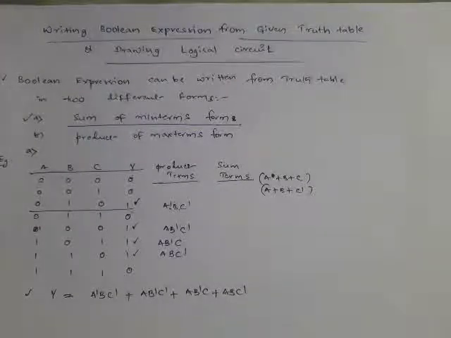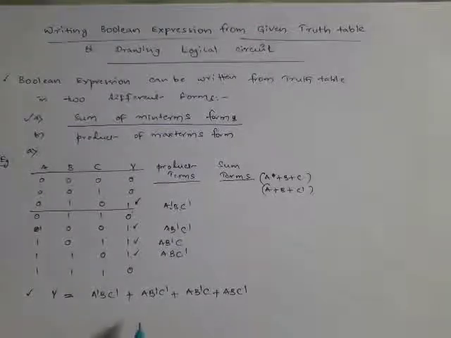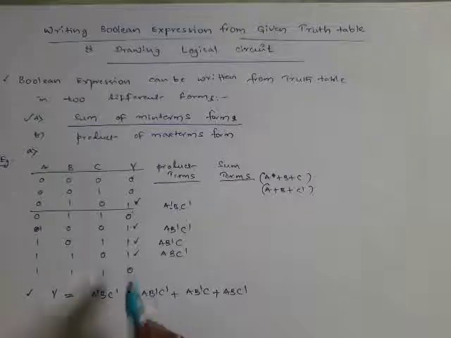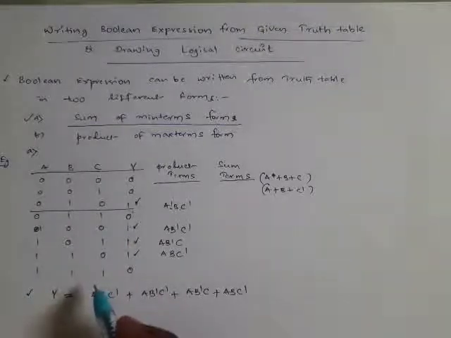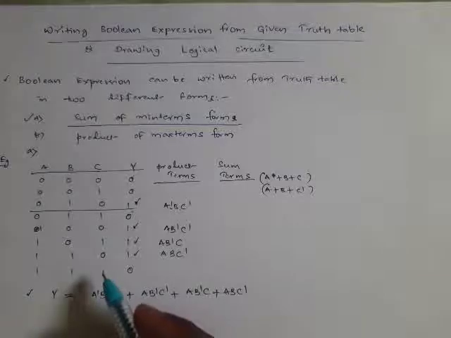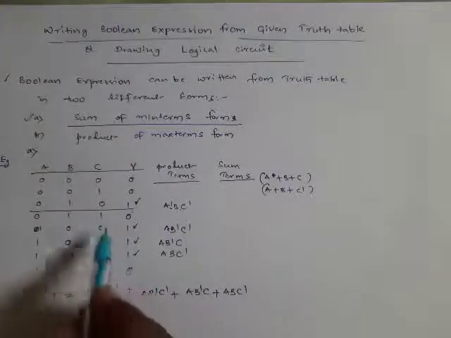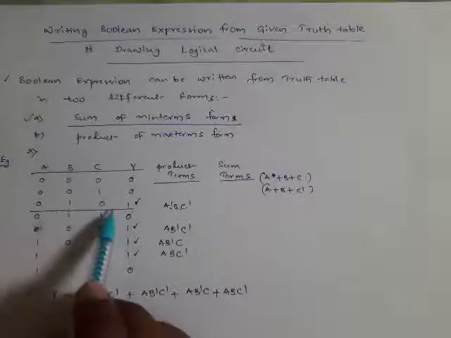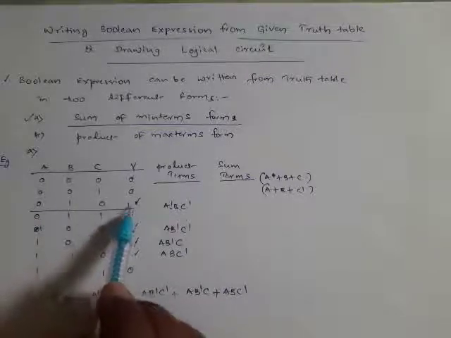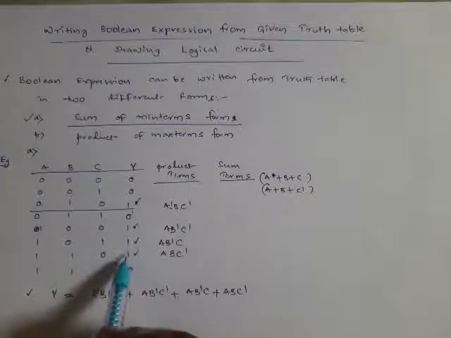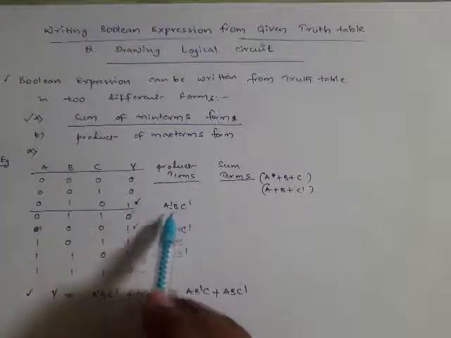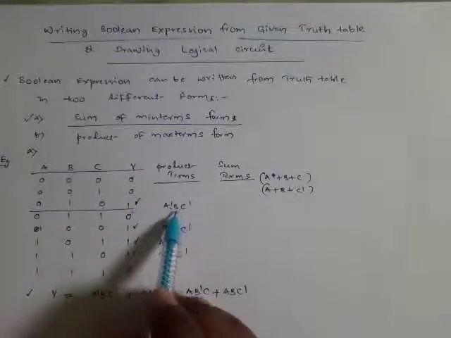So what we have done is write a Boolean expression from a given table, in sum of product terms form, or sum of min terms form. We identified the input combinations for which the function is equal to 1, and for those combinations we wrote product terms.